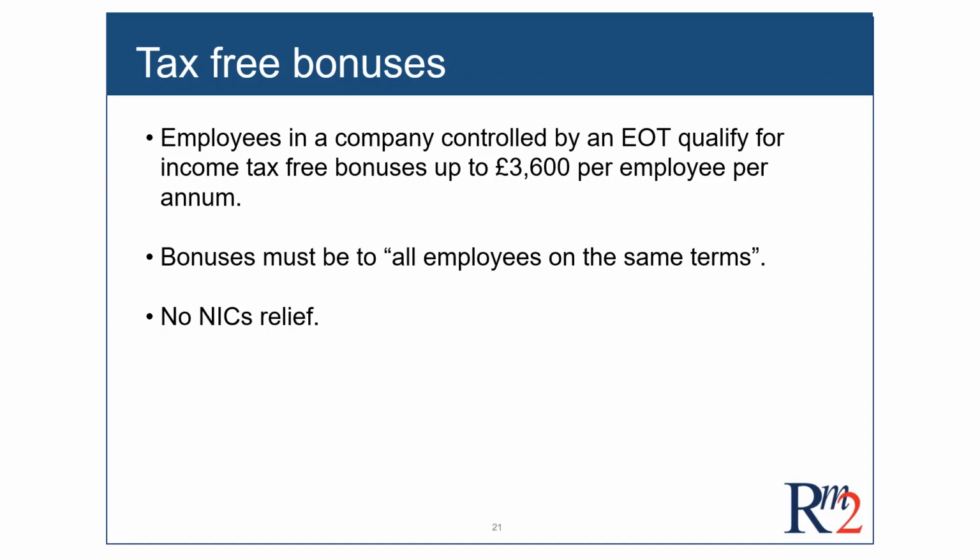You do not get national insurance relief, so you still have to pay employers and employee national insurance. These payments are paid by the company, not by the trust. They are paid via PAYE, and we're not aware of any software which can't handle this. All software is able to handle EOT relief via bonuses.